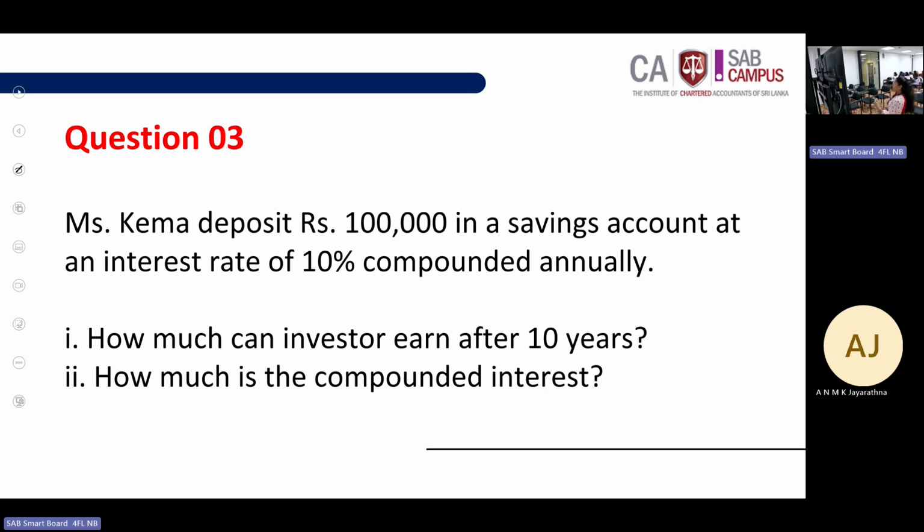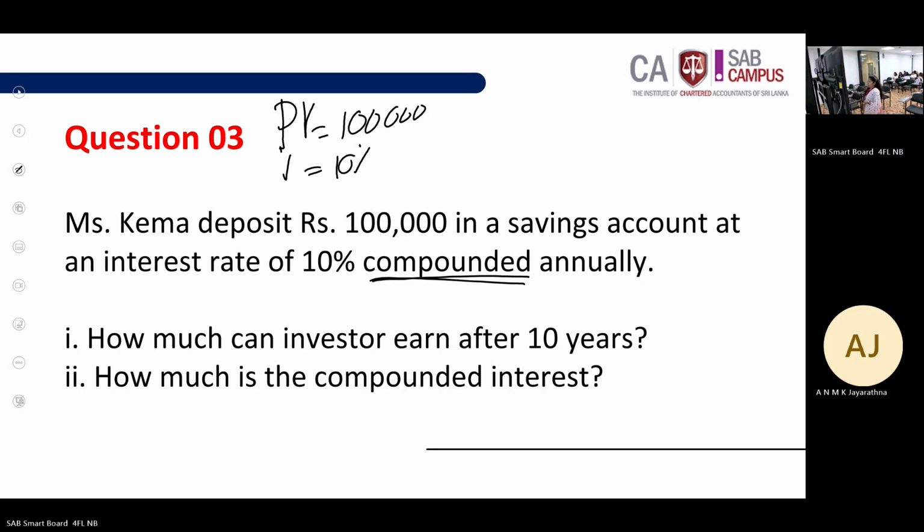Kema deposited 100,000 right now in a savings account at the interest rate of 10%. That means today you have deposited how much? 100,000. Interest rate is 10% and this is compounded annually. N equals how much?